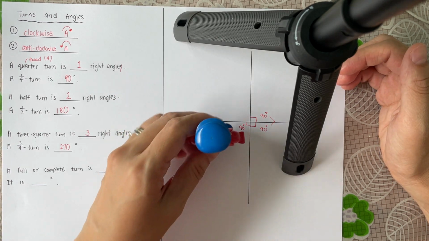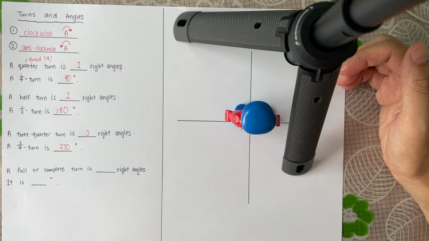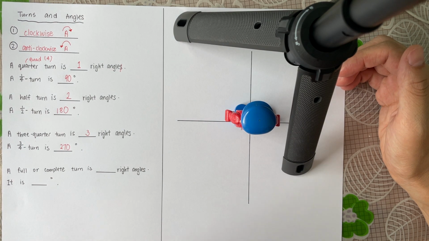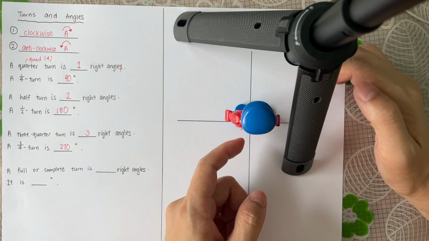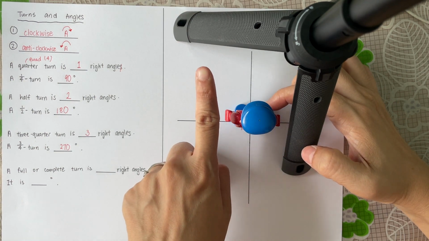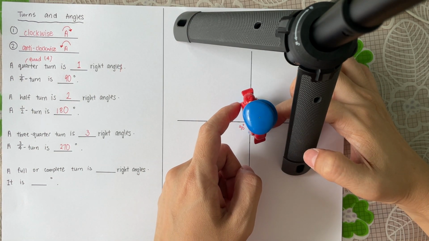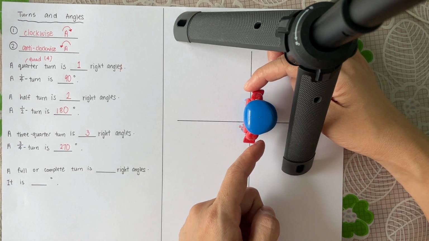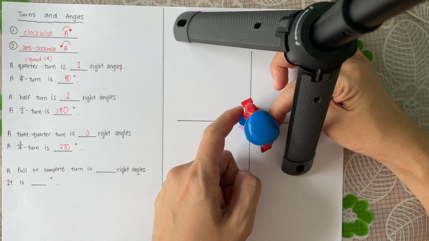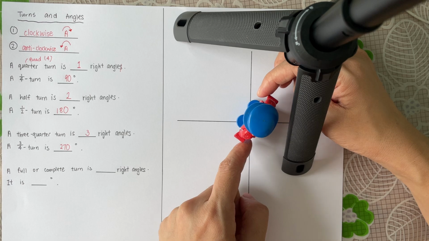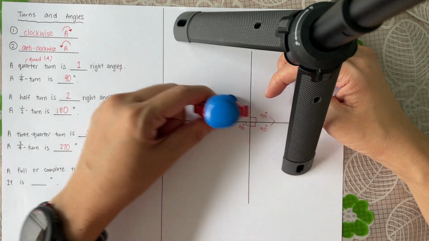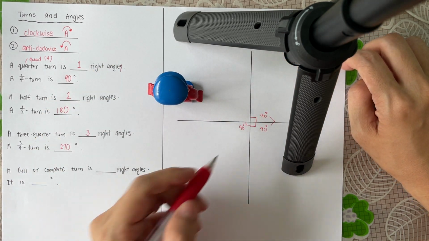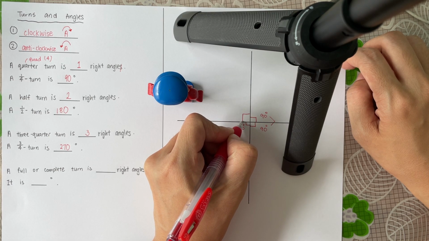Finally, he is going to make a complete turn, or we could call this a full turn. So he starts facing the front. He goes 1 right angle, 2 right angles, 3 right angles, and he completes the turn, finishing up with the last right angle. Wow, good job.